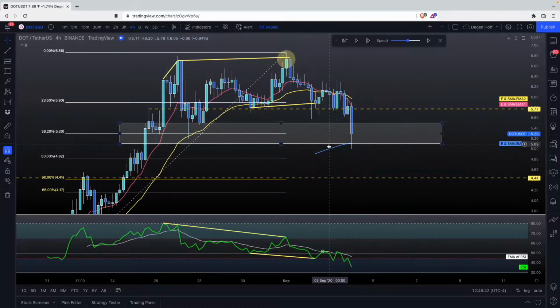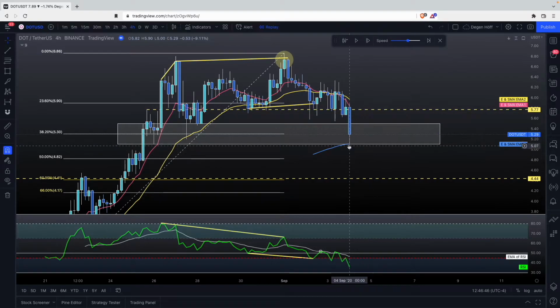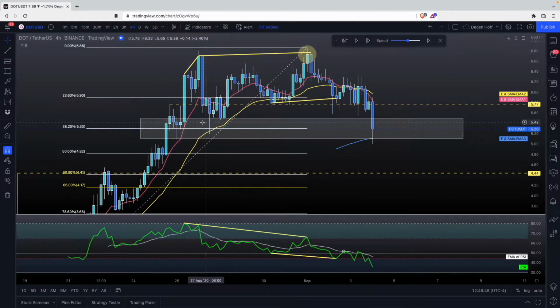And yeah, so now we're printing here the 89 EMA, and it seems to get really strong support on the 89 and in this zone right here, where it pulled back and found support on the 25 over here, and now it's finding support in the same area.